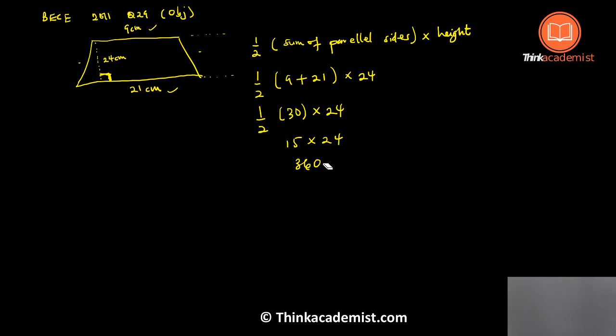Okay, I nearly wrote degrees, not degrees. Now 360 centimeter square. Remember, you use the unit that has been given to you in the question, and because it is area of a trapezium, it should have a square. Are we okay? So that brings us to the end of today's lesson.